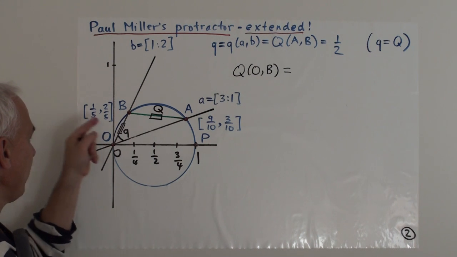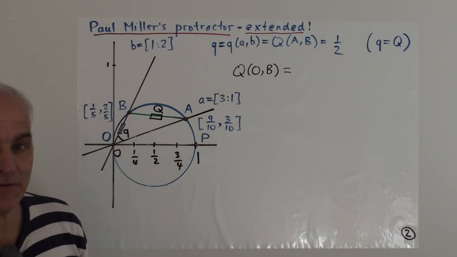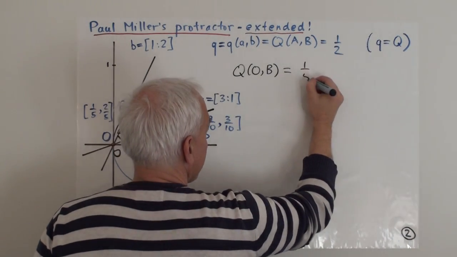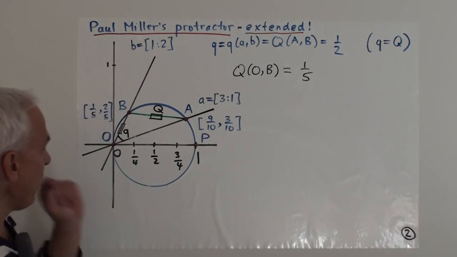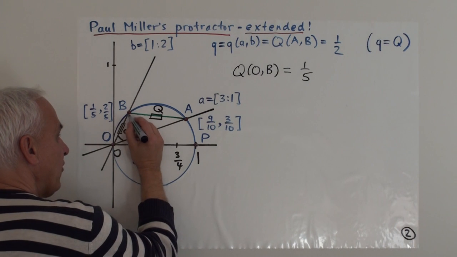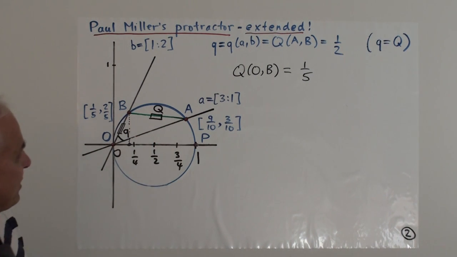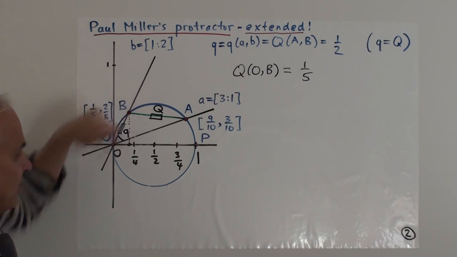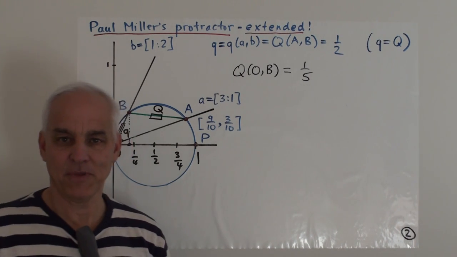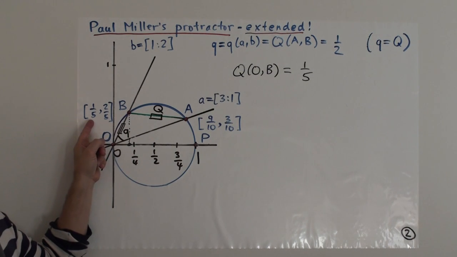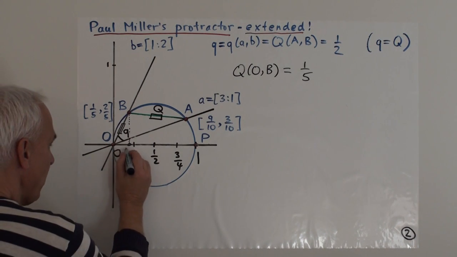So 1/25 plus 4/25 is 5/25, which is 1/5. Okay, and that 1/5 is the same as the point that you get here on the x-axis, which is the vertical projection of the point B. In other words, this 1/5 is the same as the x-coordinate of B. All right, so there's a 1/5 right there.